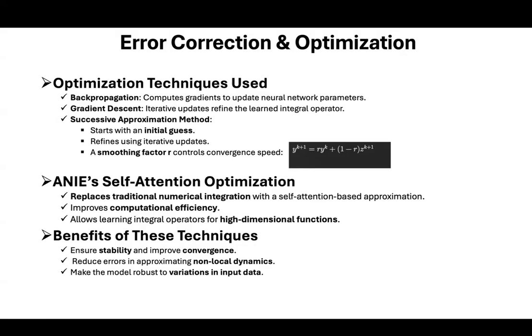Then it reduces errors in approximating non-local dynamics, as I told you what non-local means. It also makes the model robust to variations in input data. So if there are varying kinds of data that you're inputting into this model, since the model is robust, it's able to give you the right results.